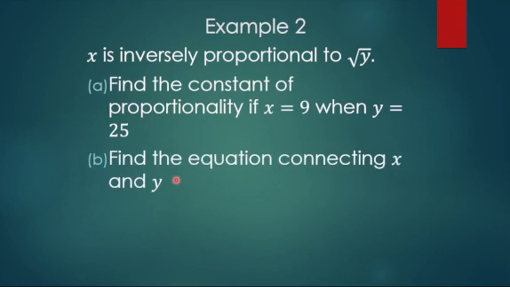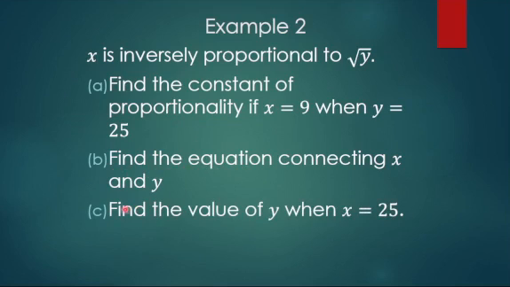B, find the equation connecting x and y. So question A will find the constant of proportionality, which is k. Question B, we find the equation connecting x and y. So let's see question C. Find the value of y when x is 25. So let's get to the solution.